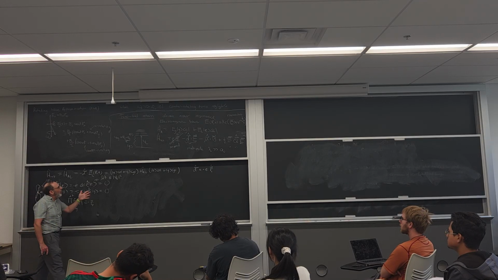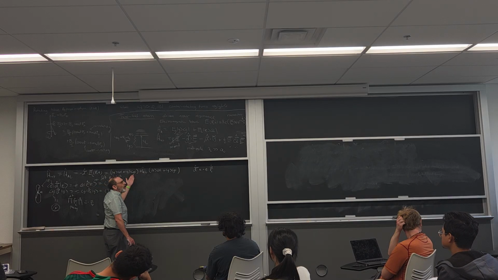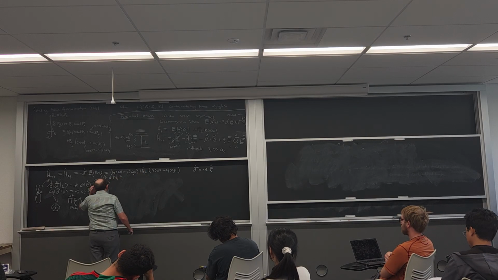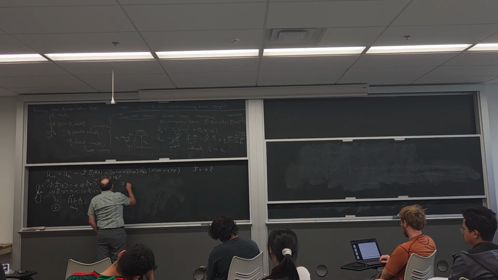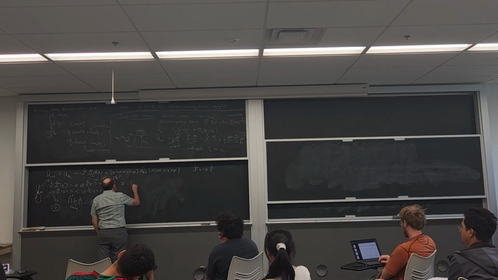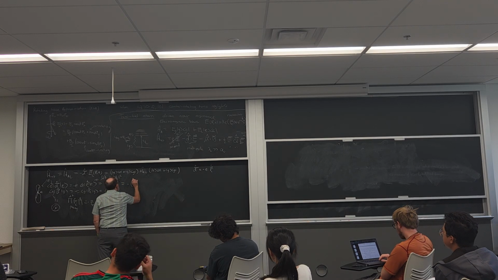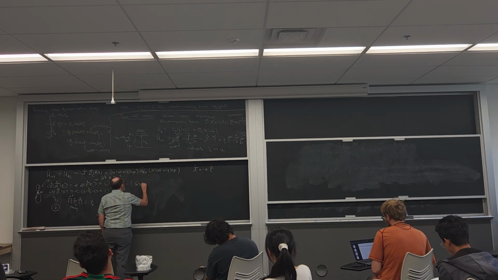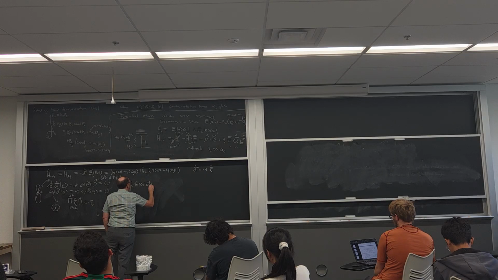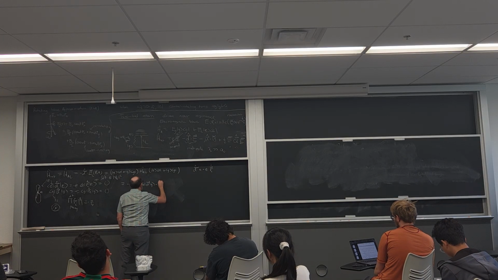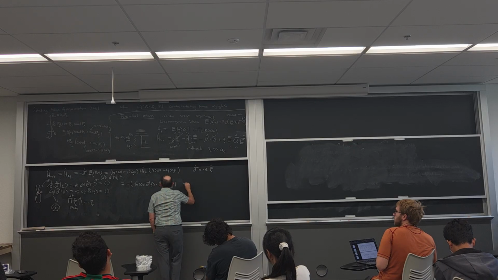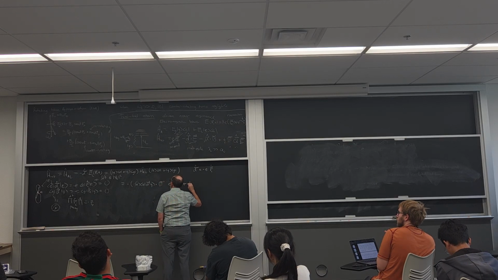Which means that the only things that contribute here are the off-diagonal elements of this, right? So what I'm going to get in here is d_eg dotted into the electric field, plus the conjugate.